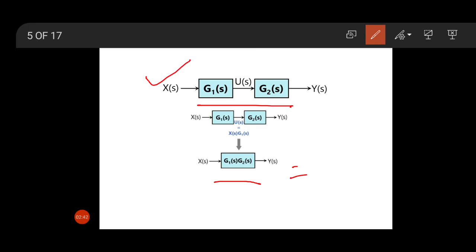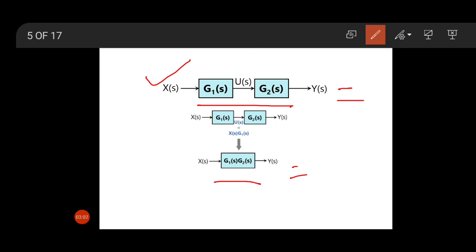So the total output is XG1G2. The output of the combined block is also XG1G2.